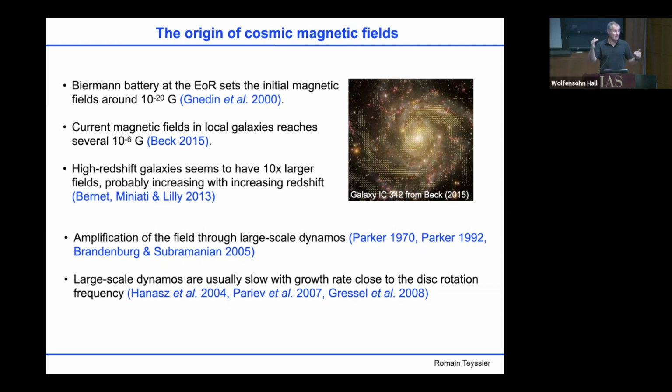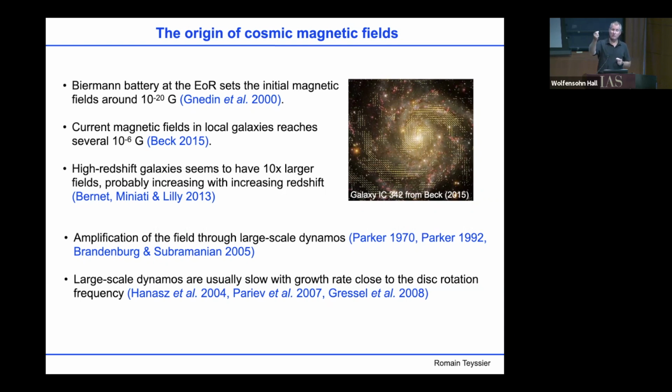So how can you get there? Right? 14 orders of magnitude is a lot, right? What's even more surprising is that if you look at observations of quasar lines of sight, so you have very high redshift quasars, and you can measure the magnetic field along the line of sight, and you can see this light intersecting galaxies, and we can measure the magnetic field in those intersecting galaxies.